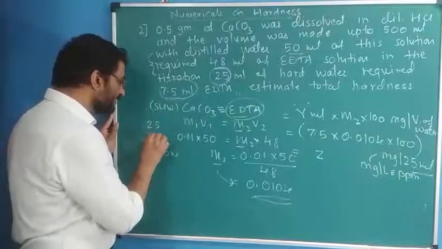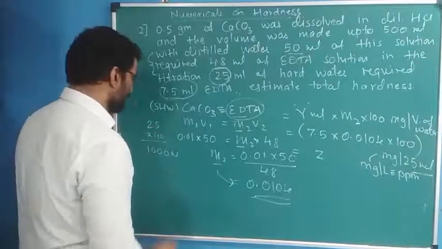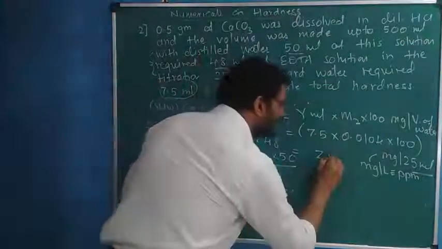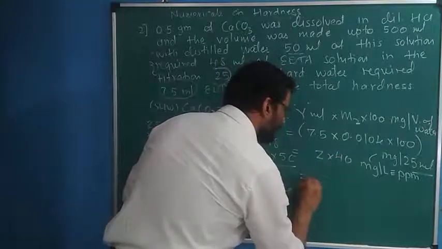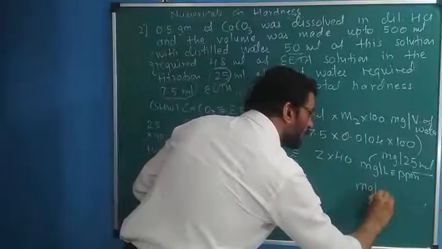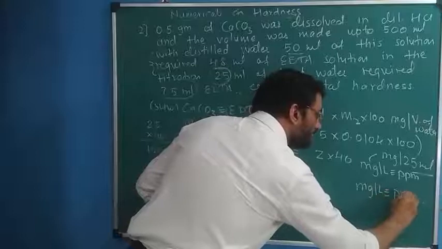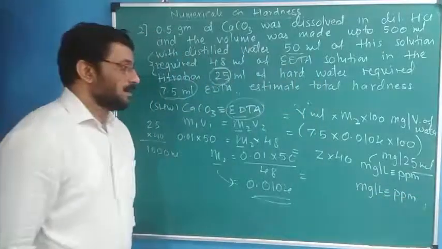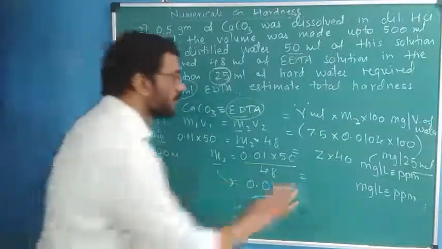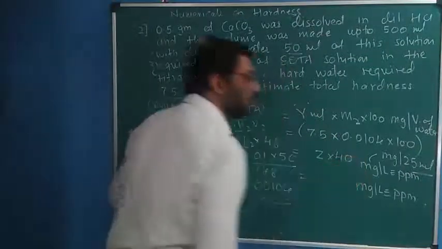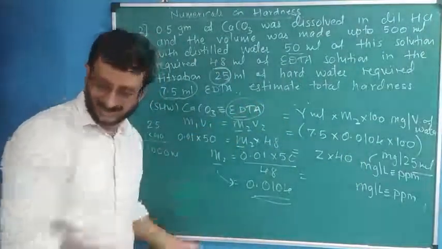It will be this answer into 40. This answer Z into 40 will be your total hardness in milligrams per liter or ppm. Z into 40. 40 for what? Converting 25 ml to 1000 ml.